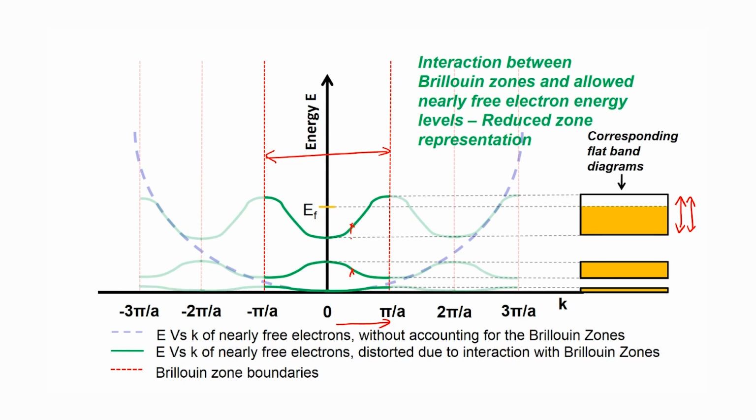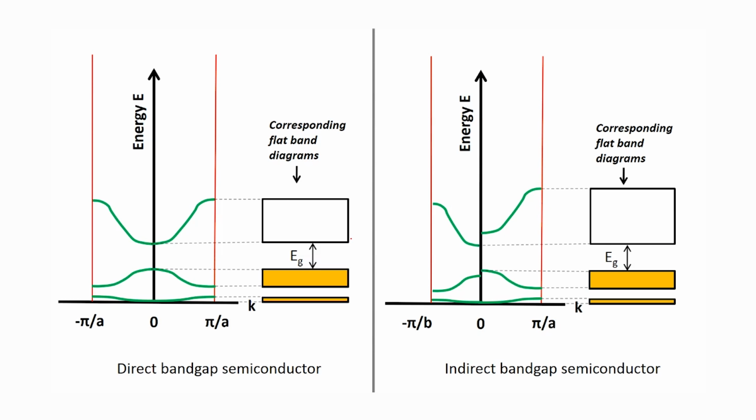So, why is this important to us? This is important to us because on your screen now we have two possible semiconductors which have exactly the same band gap Eg, right. On the left hand side of your diagram, we find that the highest occupied energy level is here and the next lowest unoccupied energy level is at the same location in K space, in other words the same location in the crystal structure.